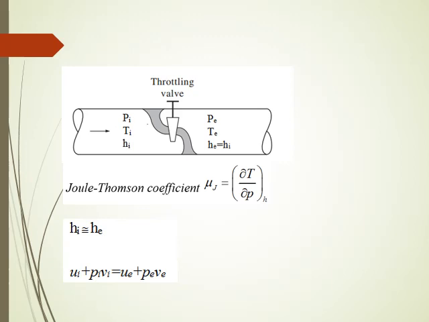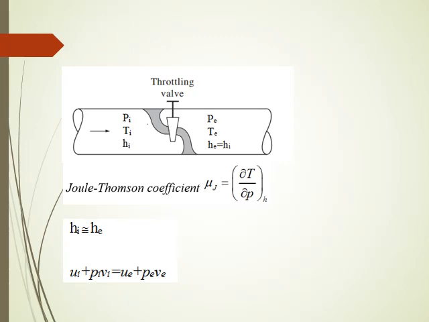See, with pressure drop, there are three possibilities for the change in temperature. You can achieve an increase in temperature for the pressure drop, or a drop in temperature for the pressure drop, or the temperature may remain constant.